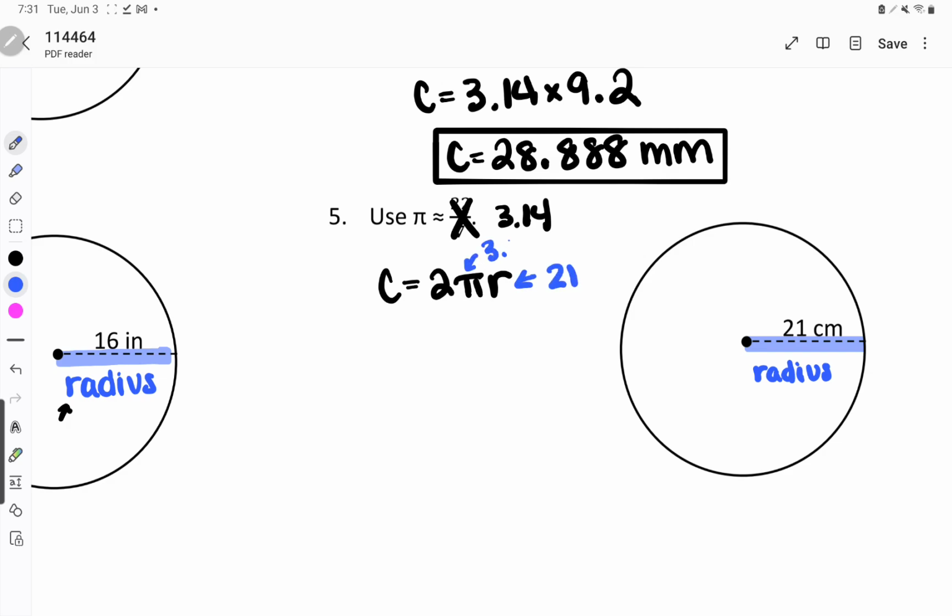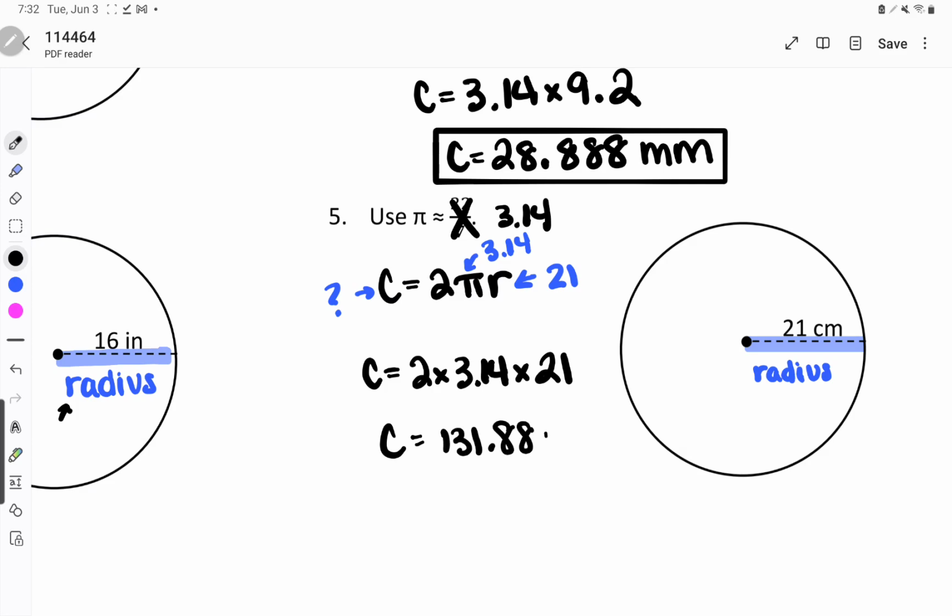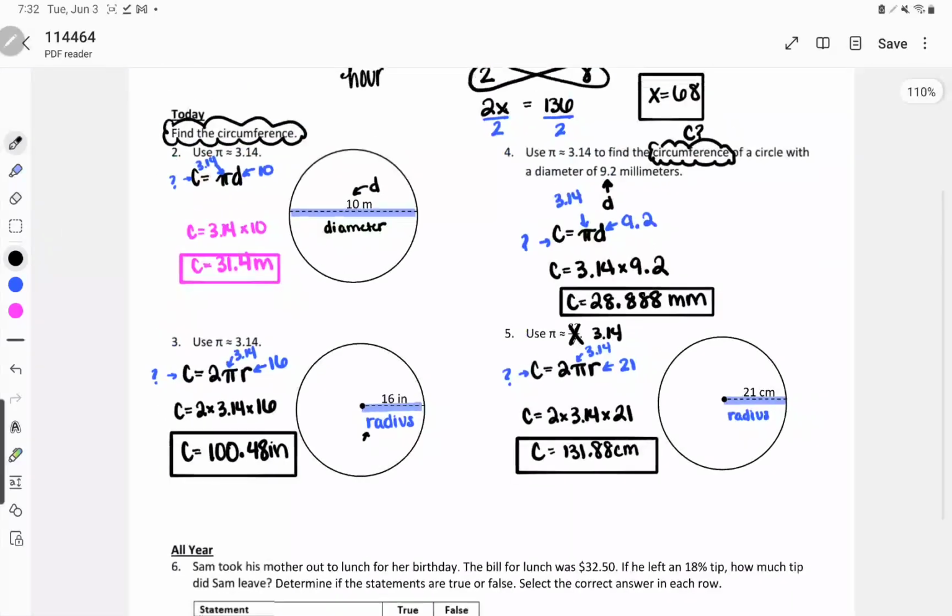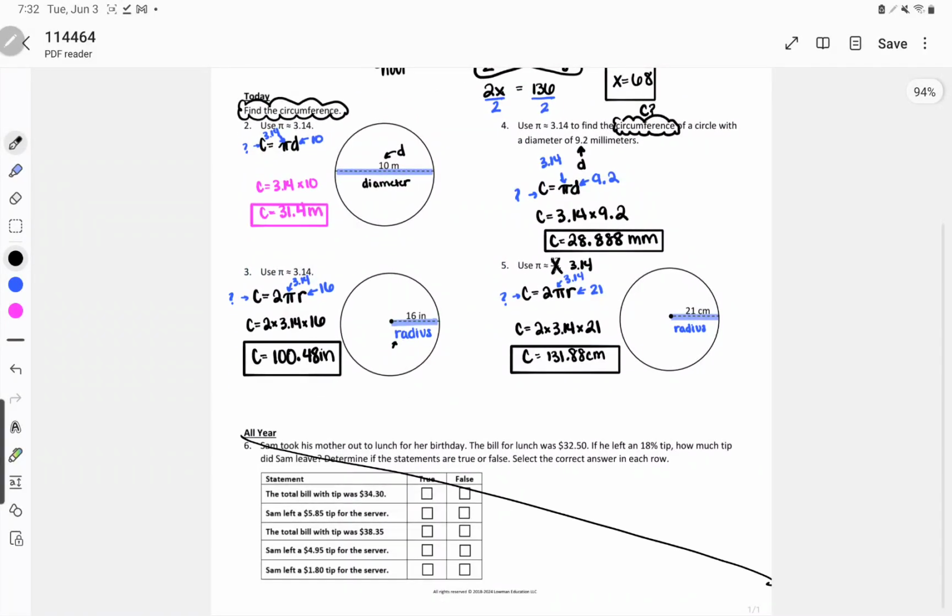In for my pi, I'm going to put 3.14. And then I don't know what my C is, so that's just going to say C. All right, circumference equals 2 times 3.14 times 21. So that's going to give me 131.88 centimeters. And we'll skip that last one.